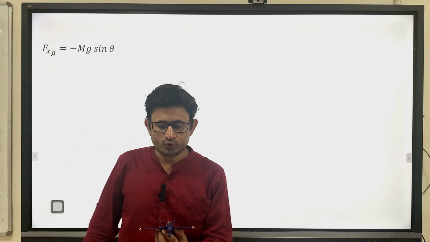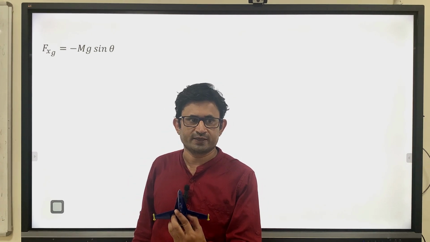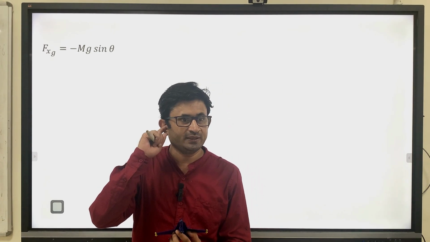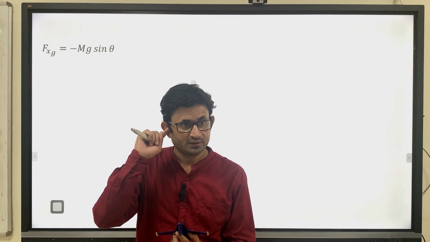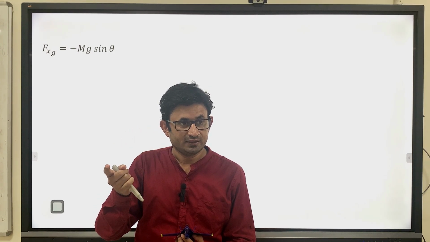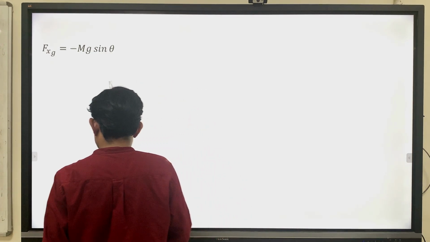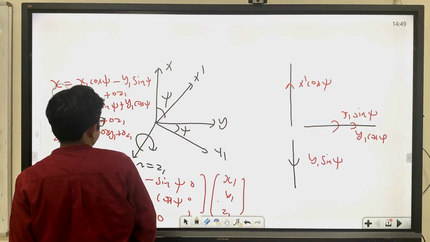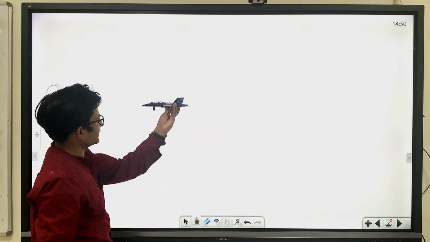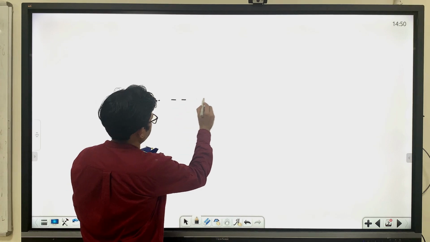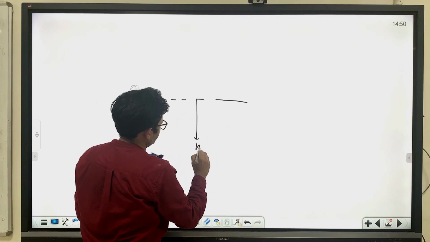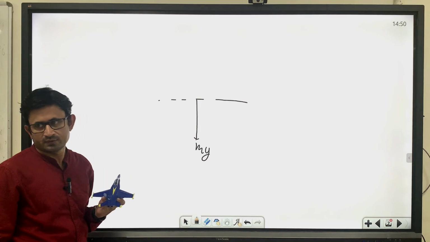Now, when you do this, there are two components, right? Along the x-axis there will be mg sin theta, and along the z there will be mg cos theta. For example, we can easily visualize here. Let's say this is the aircraft, and the weight is acting downward, right?